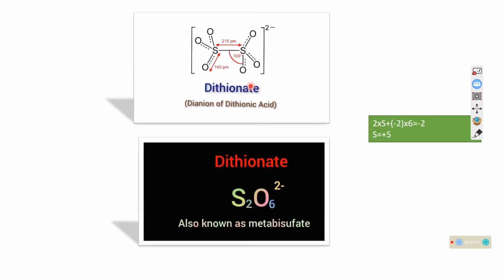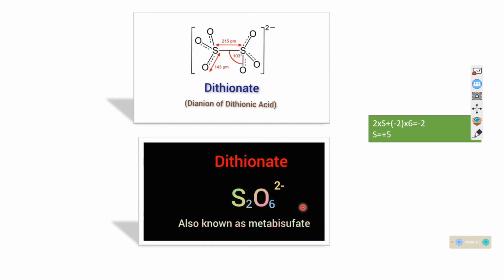Let's see the other one. When we remove two hydrogens from dithionic acid, we get this dianionic species. This is called dithionate, or you can also call it the conjugate base of dithionic acid. It is also known as metabisulfate.